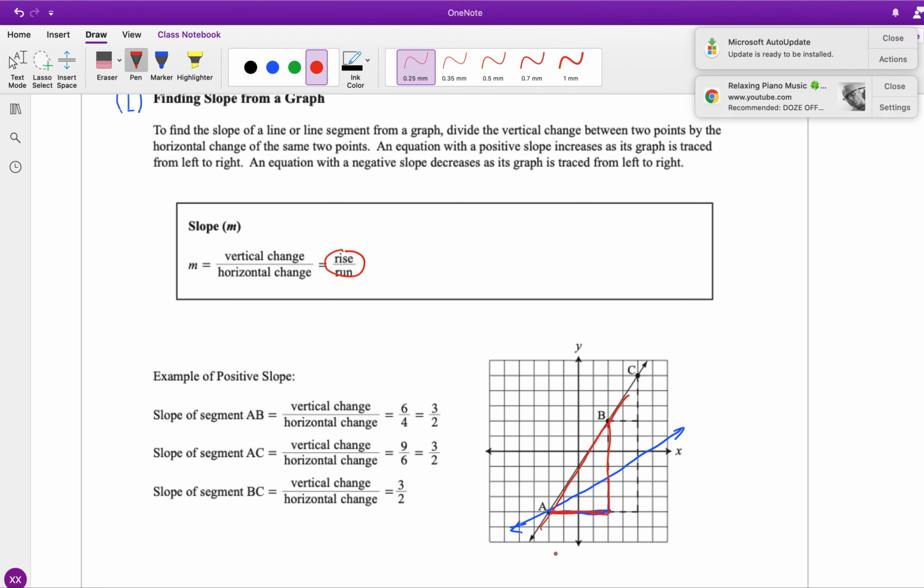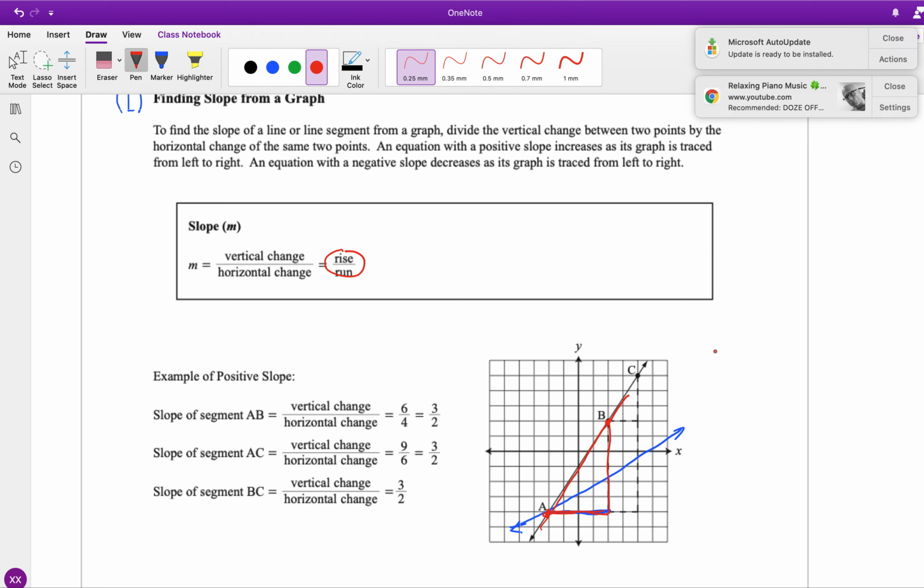So in this case, if the graph is given, it's very easy to find the slope, because you can find two points that are right on the grid, which gives you a very accurate reading. This is 1, 2, 3, 4, 5, 6. So from point A to B, you're going 6 higher, and you're going to the right 1, 2, 3, 4.